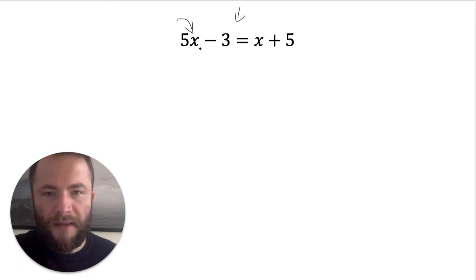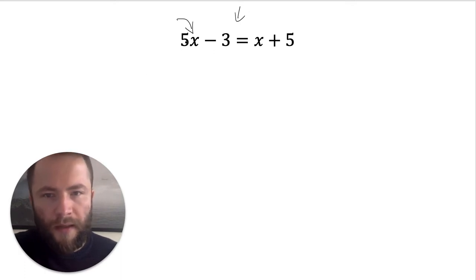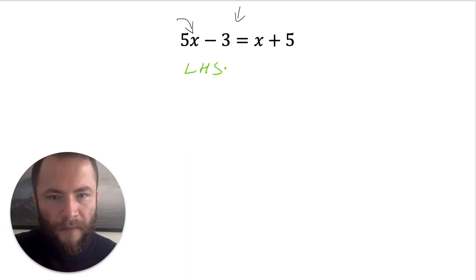So that means that there is only one value that the variable can take in this equation that will make this equation true. And the equation is true when the left-hand side is the same as the right-hand side.